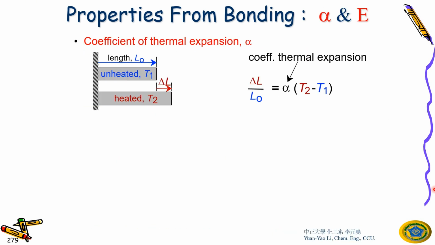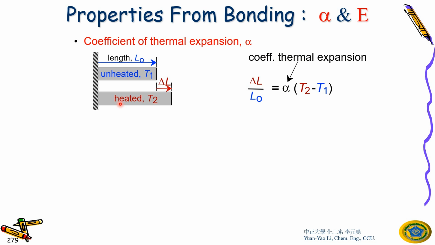How about another one? Alpha. Alpha is not the probability here. It's the coefficient of thermal expansion. When you heat solid materials, when you increase the temperature of the environment surrounding these materials, the material will expand 3-dimensionally, right? Along the x-axis, y-axis, and z-axis.